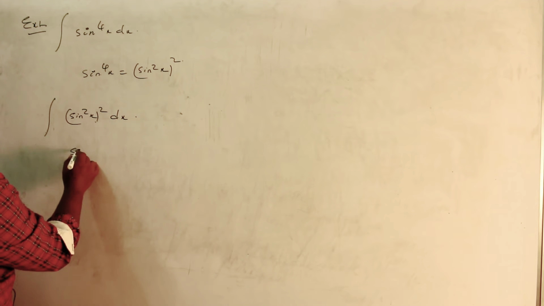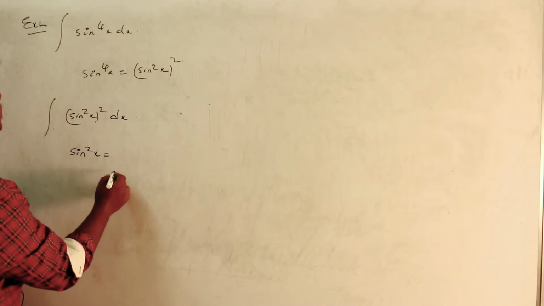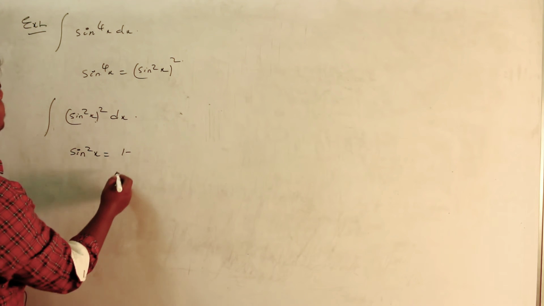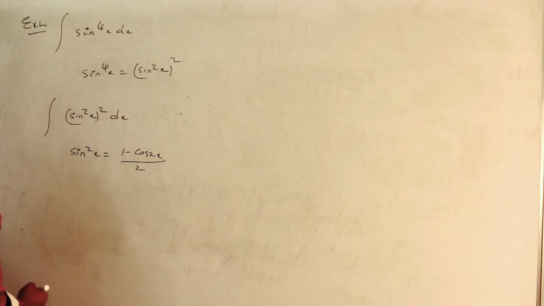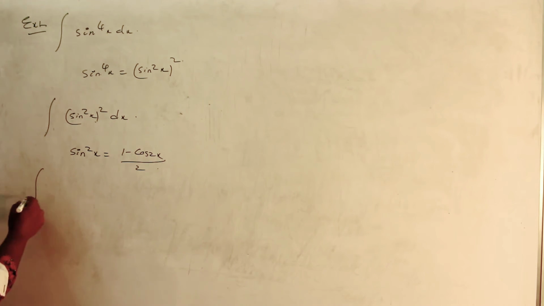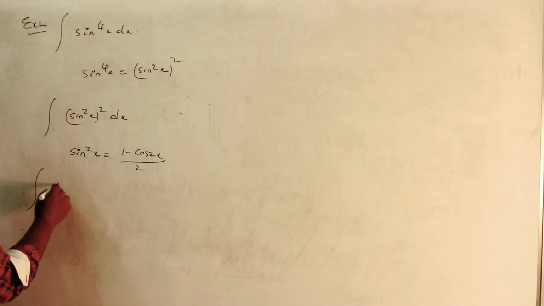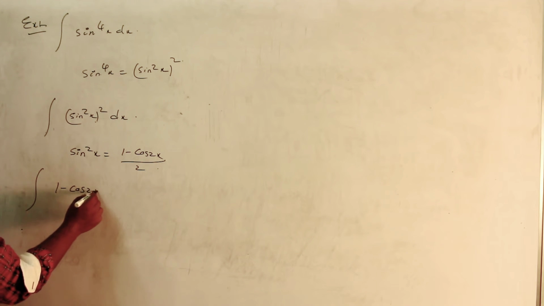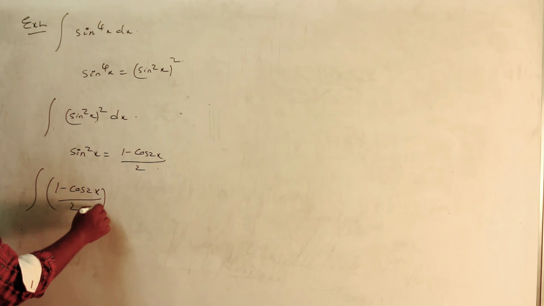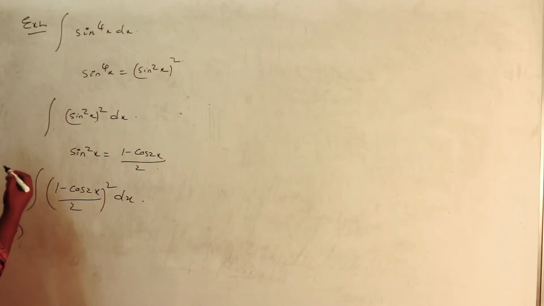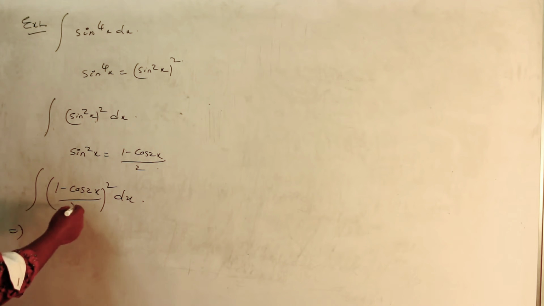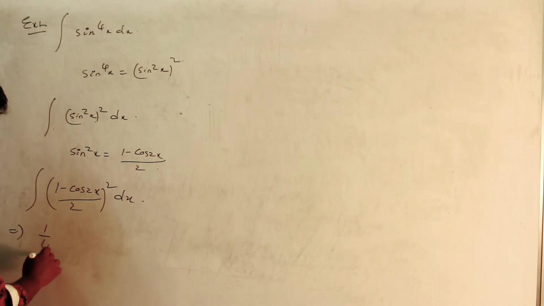Now sine square x can be written as 1 minus cos 2x divided by 2. Therefore integration of (sine square x) whole square can be written as (1 minus cos 2x by 2) whole square into dx. Now this 1 by 2 we can take out of this integration. 1 by 2 whole square is 1 by 4.